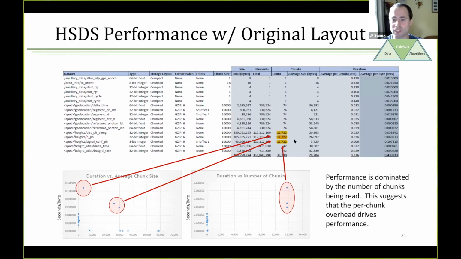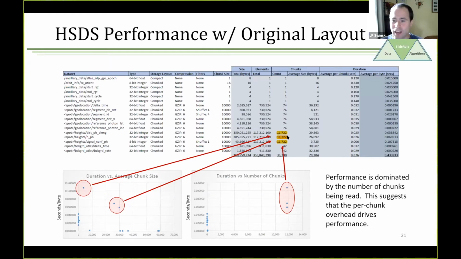All of the performance cost is in these data sets that have a high number of chunks. So in the ISAT2 data, there are three groups of data sets that have 11,000 chunks each. And you can see the seconds per byte explodes for these. So your efficiency, how long it takes to read each byte, is exploding here. And all of your time is spent in these data sets reading these chunks.